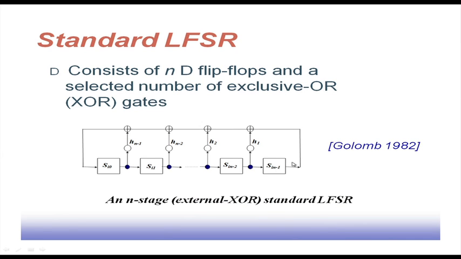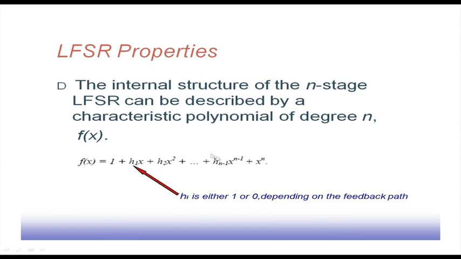So, this is 1, this is one step before that, h 1 x, one step back before that h 2 x square, that way it is coming, up to h n minus 1 x power n minus 1, and x to the power n is the value that we are computing. That way this polynomial is representing the connection pattern.